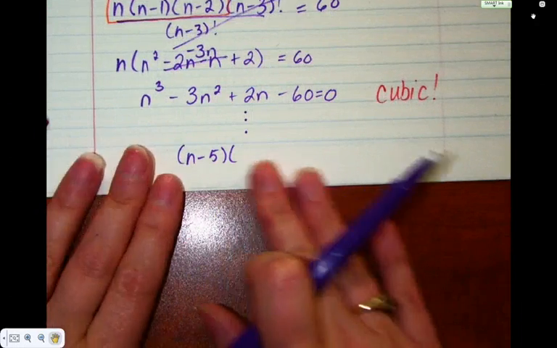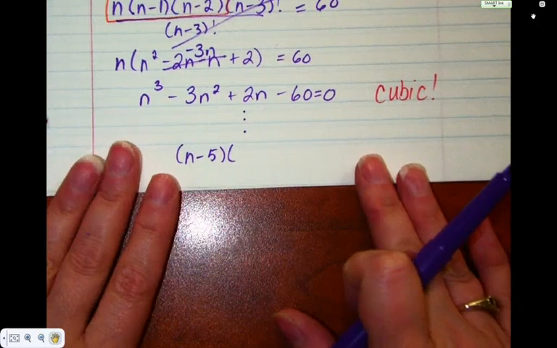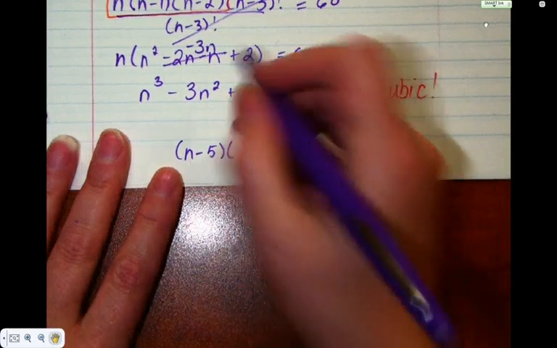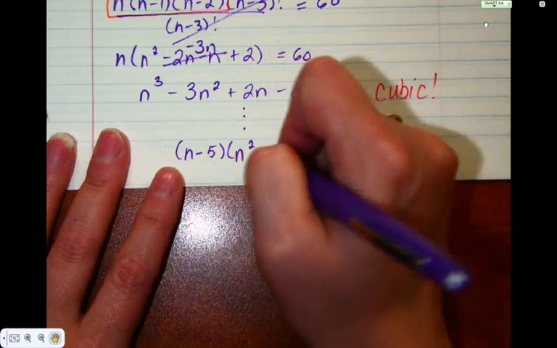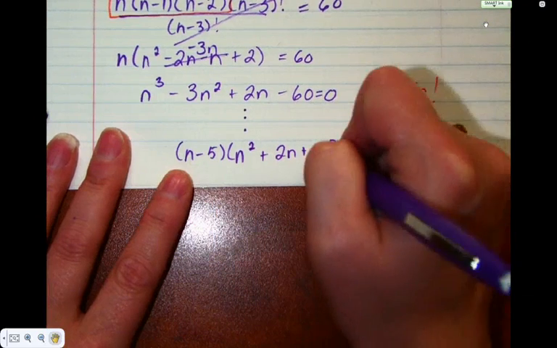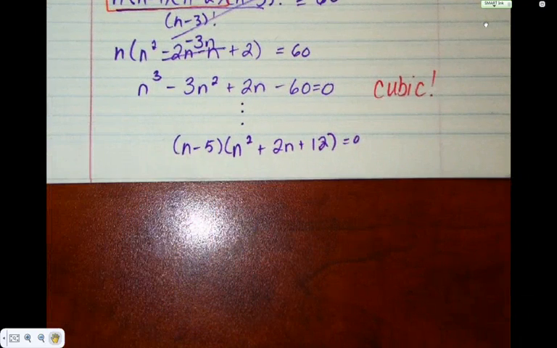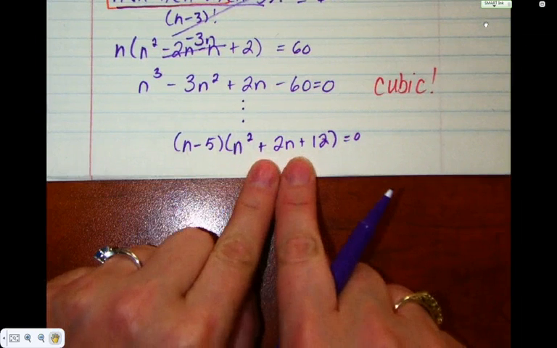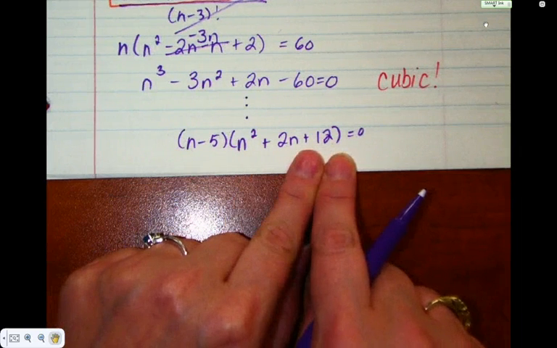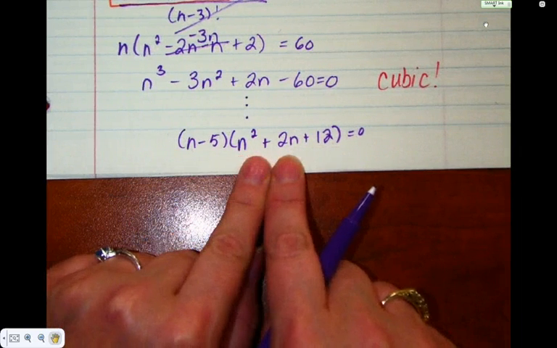Does anybody have the quadratic you get from the synthetic? N squared plus. Okay. Confirm that's what you get after the synthetic? And you probably went to factor this, and what happens? You can't factor. There's nothing you can multiply to get 12 but add or subtract to give you 2.